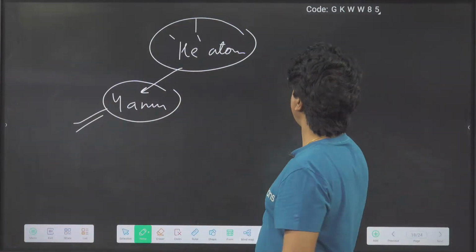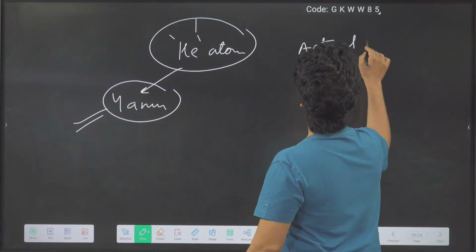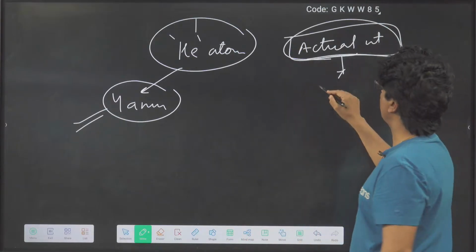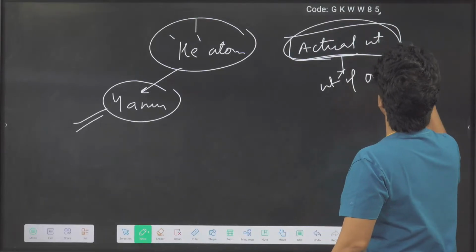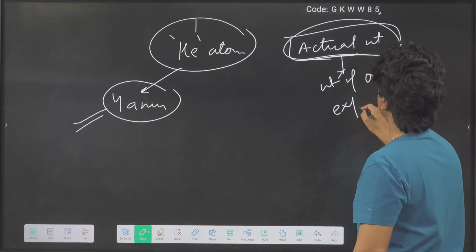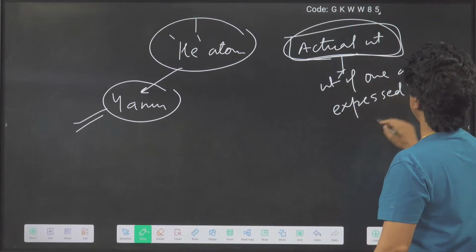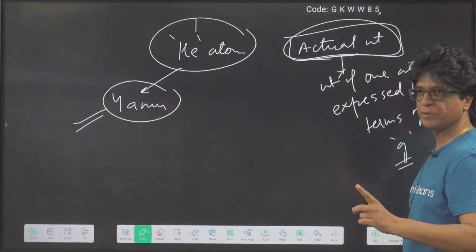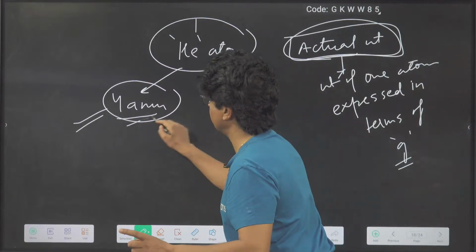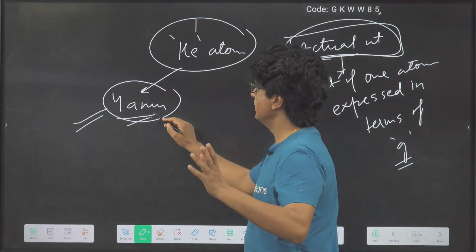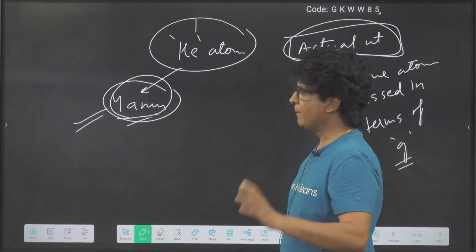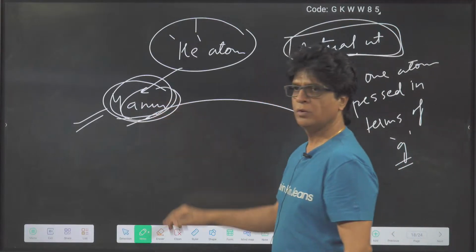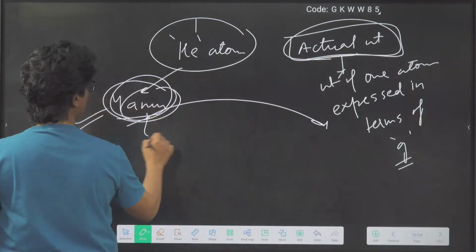But if they're asking you actual weight, actual weight is basically a chemical terminology which is equivalent to saying the weight of one atom expressed in terms of grams. This is correct, right? But if you have to express it in terms of gram, you cannot write down AMU now. So you have to convert AMU into gram.